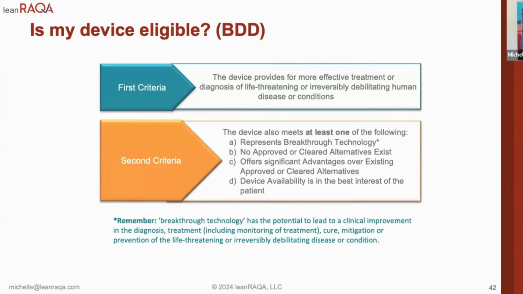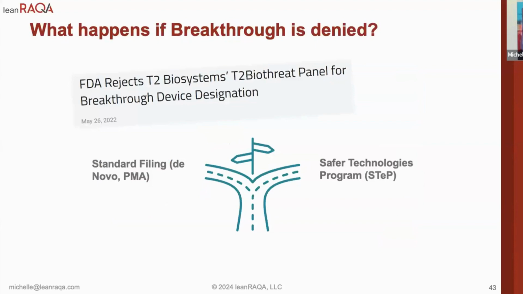So it represents that breakthrough technology per the definition we just discussed. There are no approved or cleared alternatives. It offers significant advantages over existing approved or cleared alternatives, or the device availability is in the best interest of patients. And you have to meet both criteria.